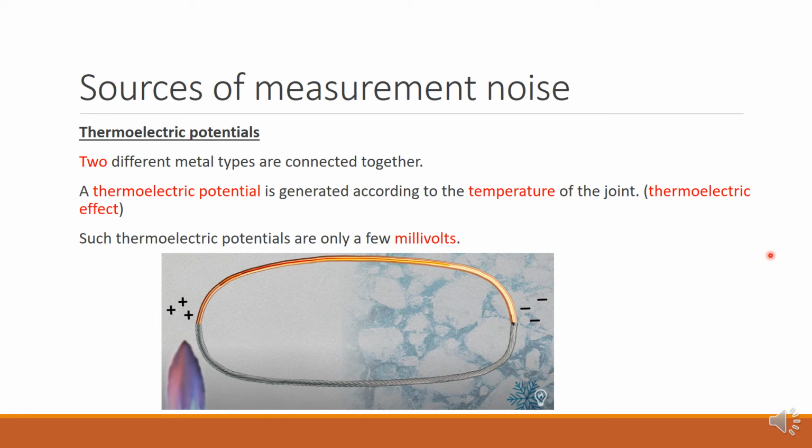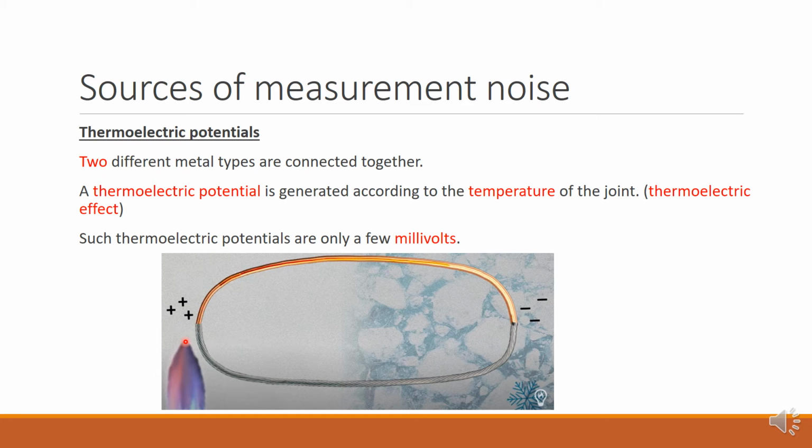Another source of measurement noise in your measurement instrument system is thermoelectric potential voltage noise. Whenever metals of two different types are connected together, a thermoelectric potential is generated according to the temperature.